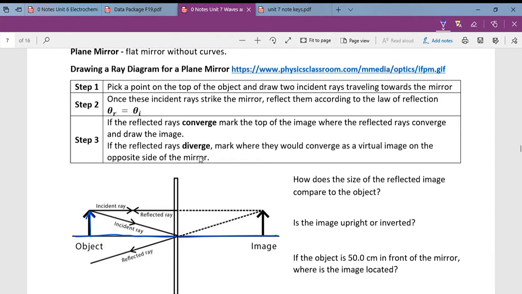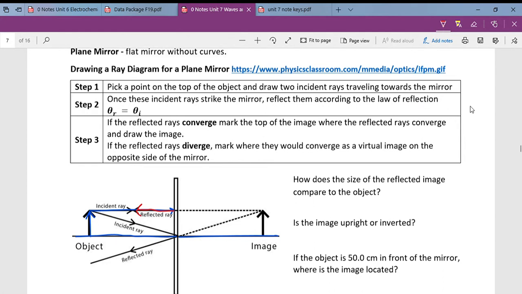So for example, I can draw one parallel to this flat line on the bottom, which is going to hit your beautiful flat surface. Now the angle of incidence to the normal is 0 because it is on that normal line. And so your reflected ray, which I'll put in red, is going to bounce back. Now this line isn't going to help you at all yet, but it will in a little bit. So then you're going to draw another incident ray.